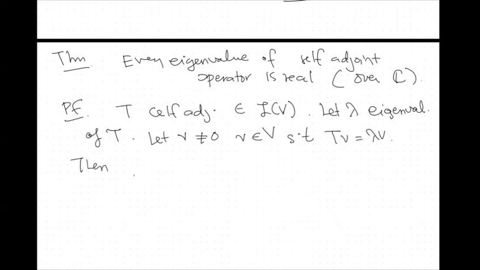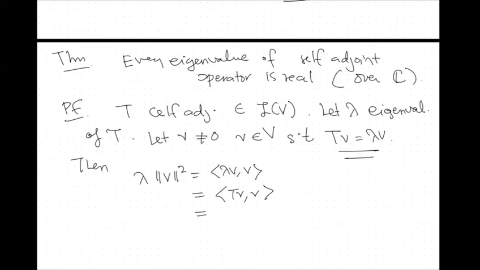Then lambda times the norm of v squared is just lambda times the inner product of v and v. And this is just the inner product of T of v and v because of this.